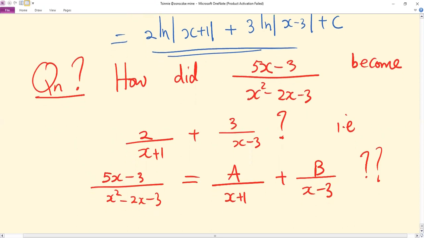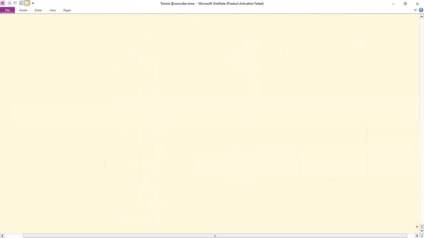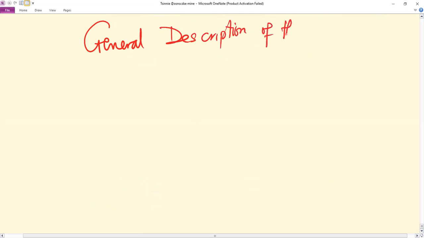So let's give the steps on how to behave whenever you are given rational functions which may require you to decompose into partial fractions. So, a general description of the method.